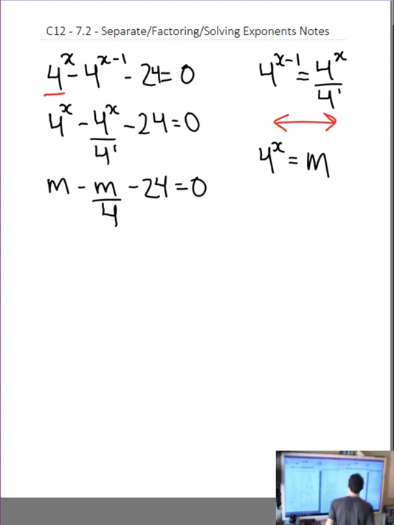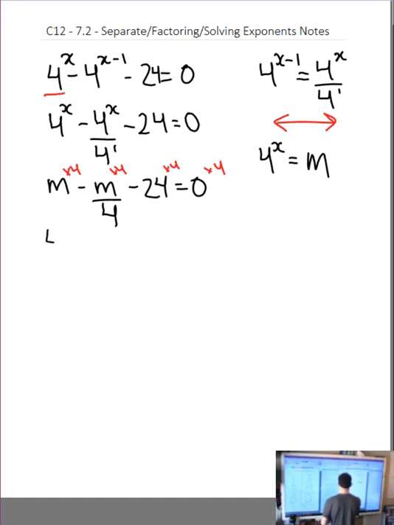Now, I have a 4 on the bottom. I would prefer to times both sides by 4. So I'm going to say times 4, times 4, times 4, times 4. If you want to be lazy and put brackets around the whole thing and say times 4, feel free. But I seem to forget sometimes.